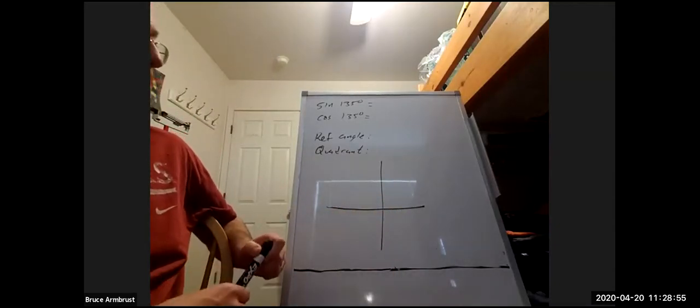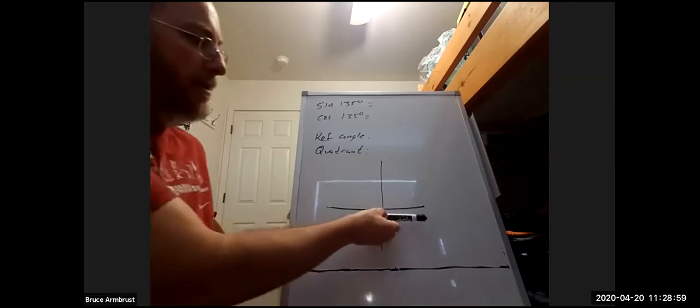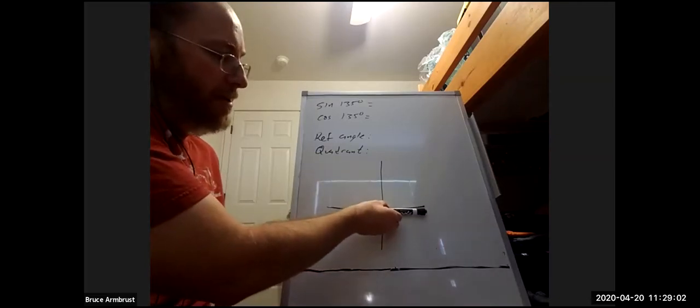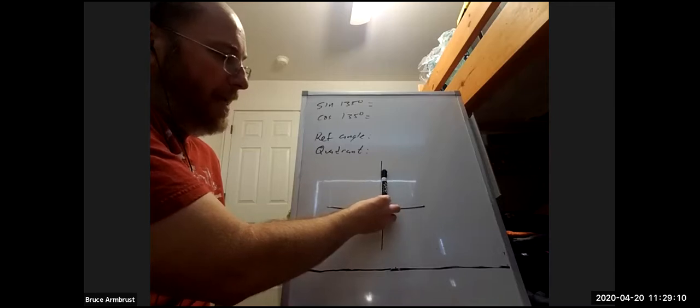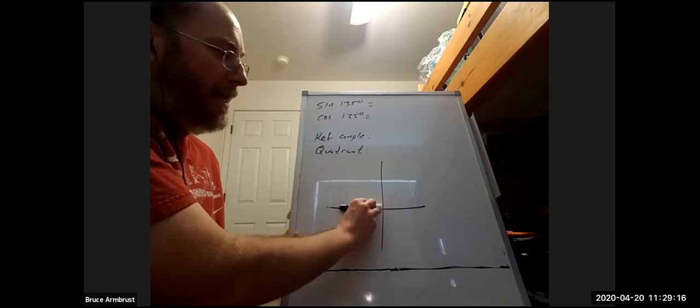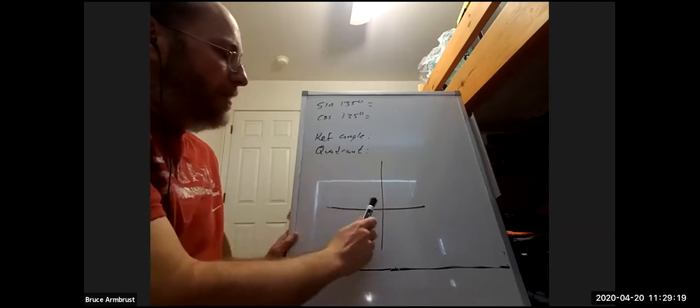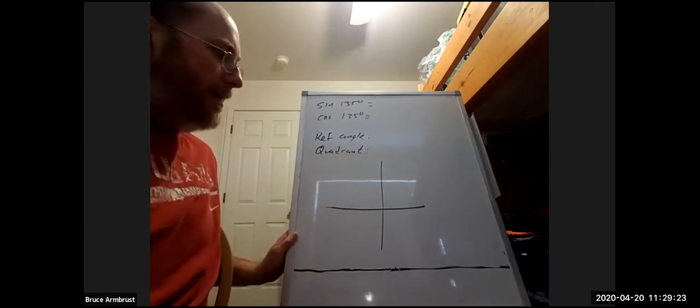So let's just sort of keep track of our total angle as we rotate. So if we start in the standard position, this is 0. We start rotating, we're going to get up to 45 degrees, which is the halfway to the quadrant. Then we're up to 90 degrees. If we were to go all the way over here to the negative x, that's 180. So 135 is somewhere between 180 and 90.